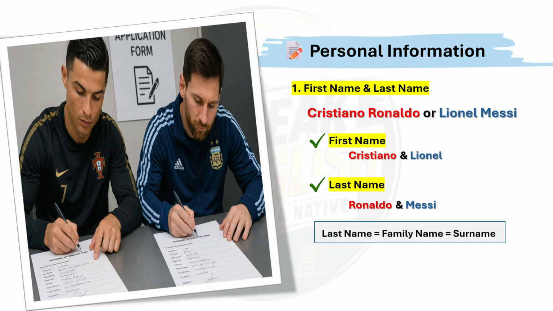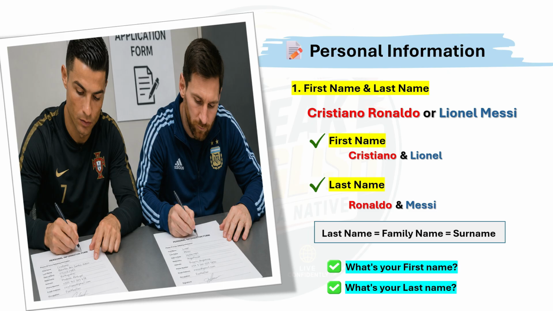And the last name can be found as family name or surname. So last name, family name, surname, all are the same thing. If you want to ask someone about his first name or last name, you would use these forms. What's your first name? What's your last name?